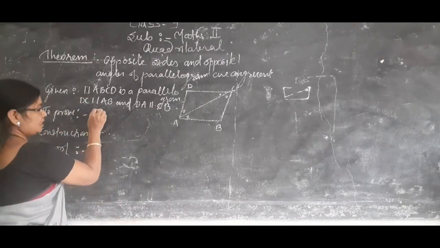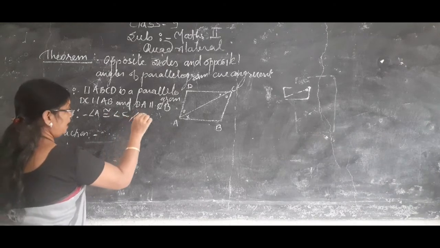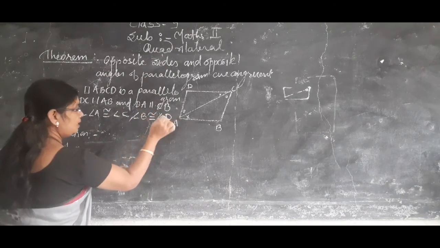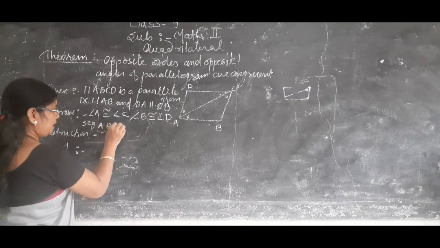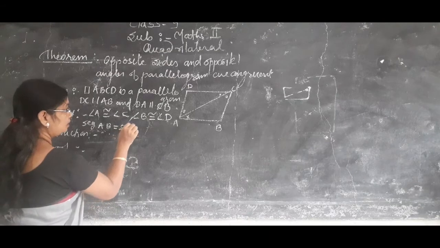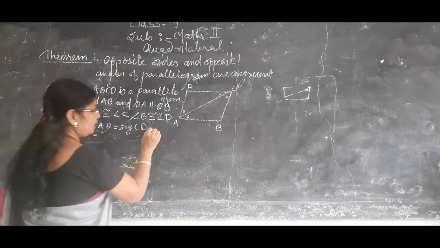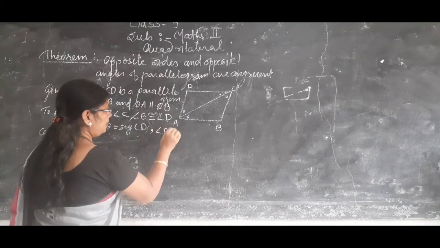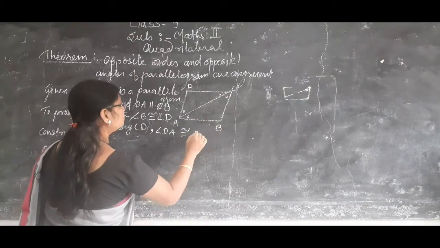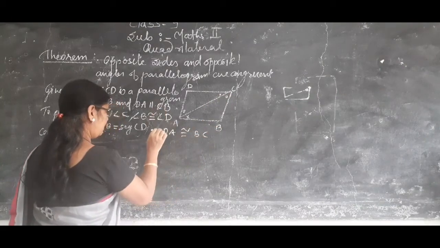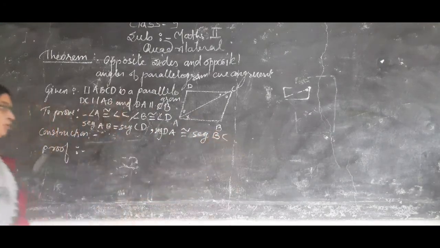So opposite angles means angle A is congruent to angle C and angle B is congruent to angle D. And which sides? Segment AB is congruent to CD, and second, segment DA is congruent to segment BC. That you have to prove.